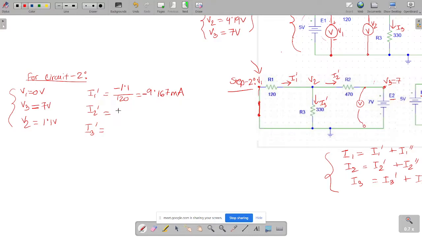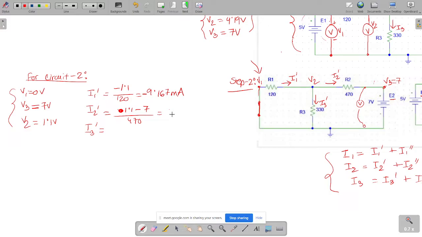1.10 minus 7. 1 minus 7 divided by 470. Okay, so কত আসে? Minus 1 হওয়ার কথা না। জি, V2 minus V3 minus না? 1.1, sorry. Yes, 1.1 minus 7. কত আসে এটা? 0.0125.